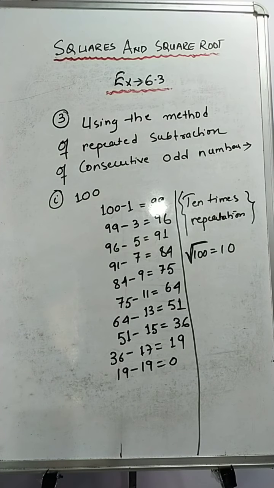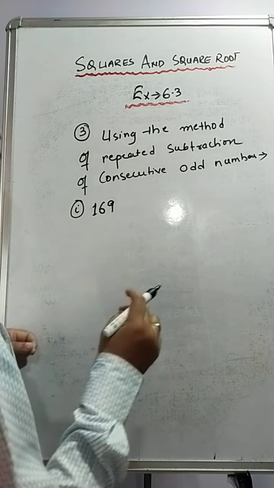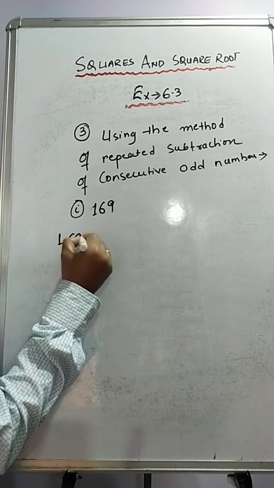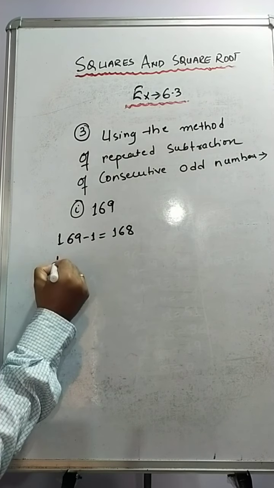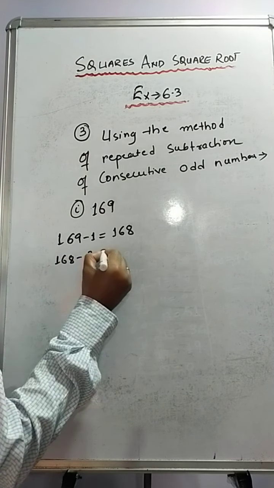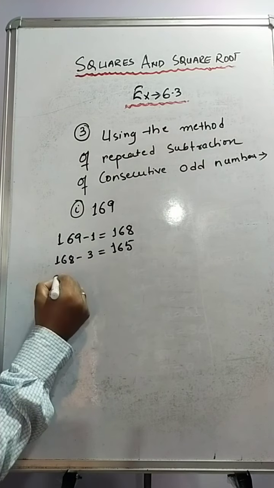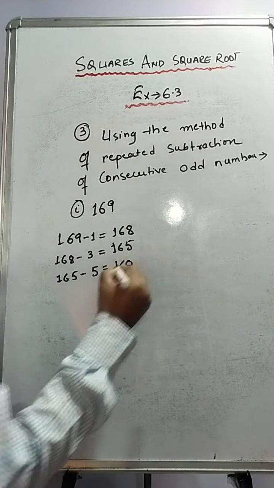Fine. So let's see. The same thing we'll do with 169 also. We'll use the same method, that is repeated subtraction. So 169 minus 1 will be what? 168. 168 minus 3 would be what? 165. 165 minus 5, 160.